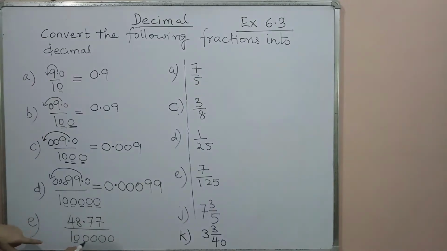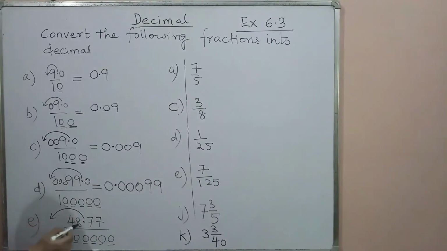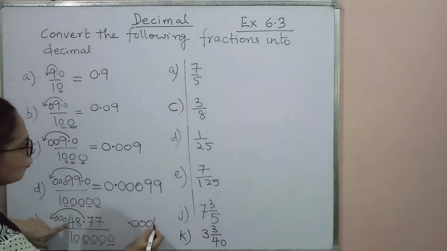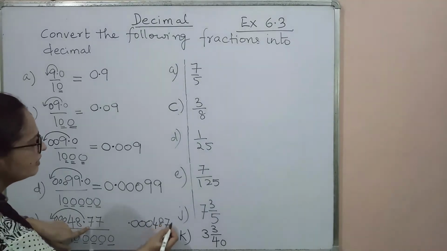Now here we can see 1, 2, 3, 4, 5 zeros. The decimal was here, and now we are able to see the decimal. So the decimal will be shifted by 5 digits. 2 is already there, 3 more will be added. That means the answer becomes point, then 3 zeros, then we have 4, 8, and the decimal is not here, so we have 7, 7.